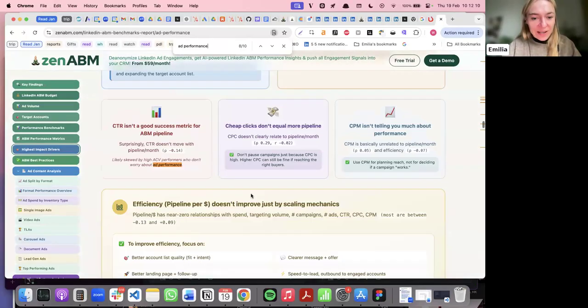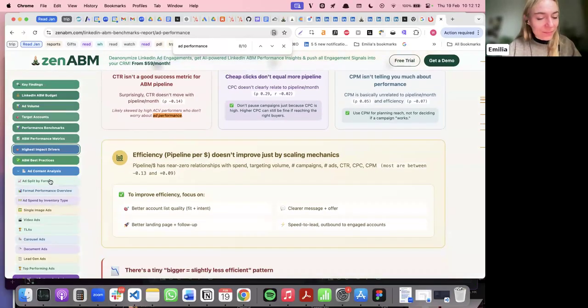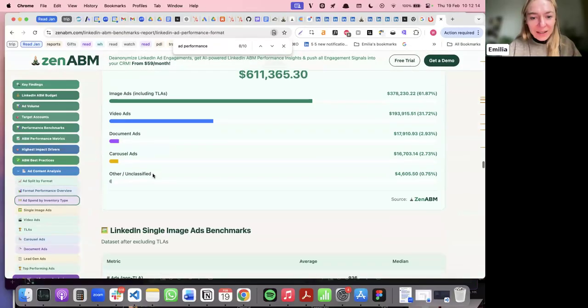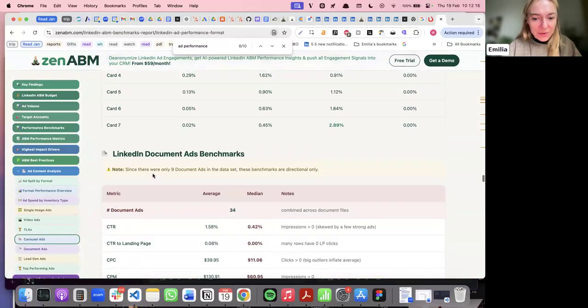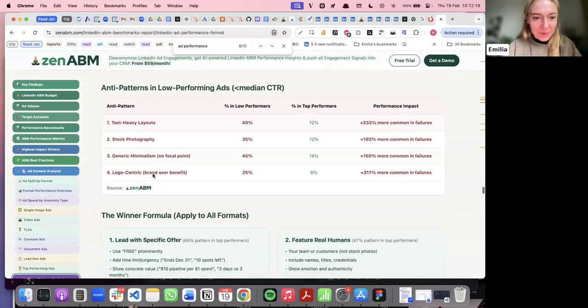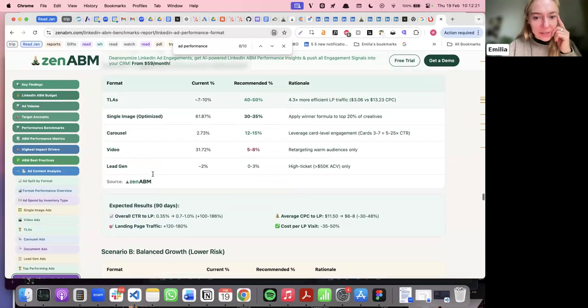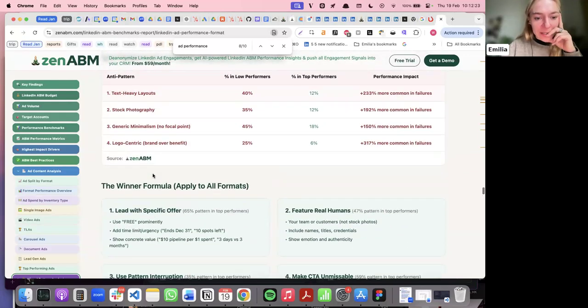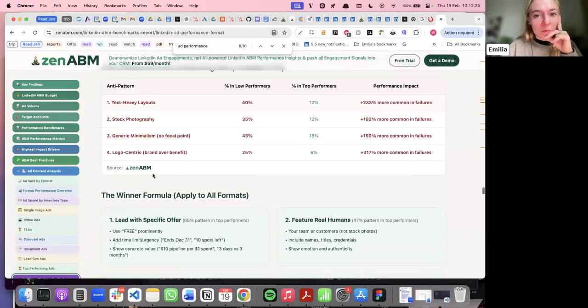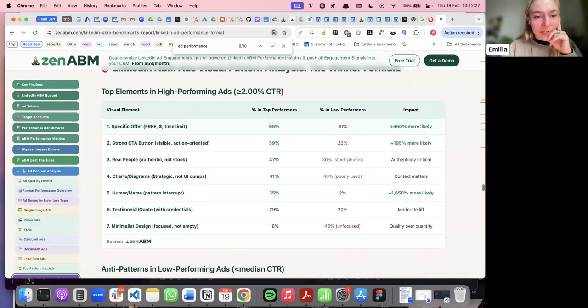There's obviously a lot of ad performance here. Anyway, there was a report on overall ad performance, but there are also patterns. Visual patterns, for instance: what is the winning formula for the ads?